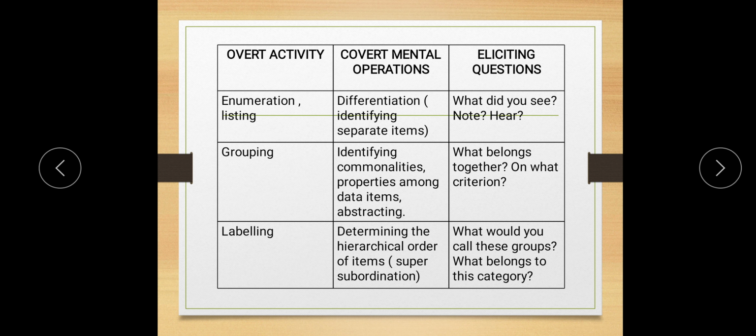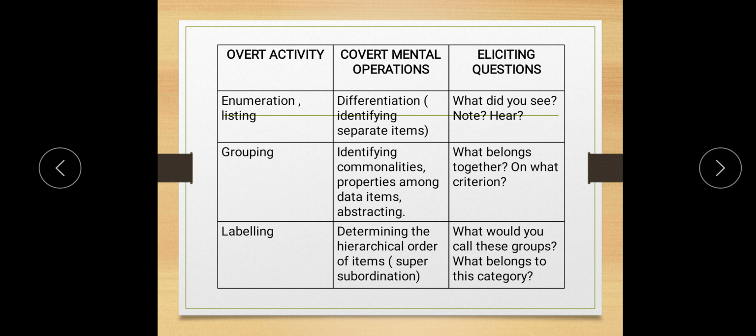Now to take an example, suppose data is presented to students. If I take an example of the common one that we usually do, I present to the students different animals.